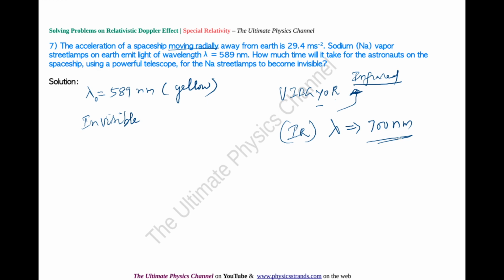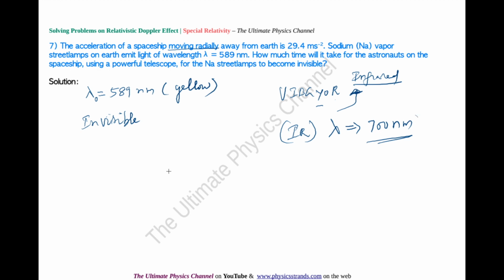So in this case, I can start with simple equations, because we know the formula for this one, the Doppler effect equation.